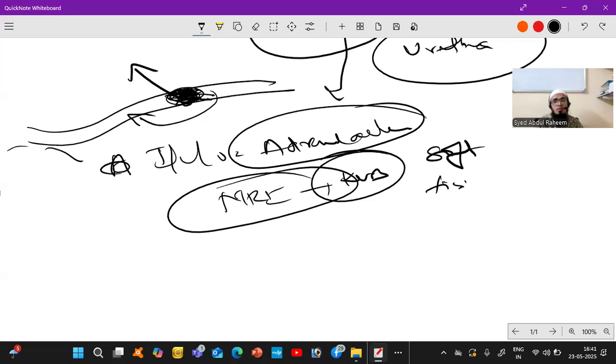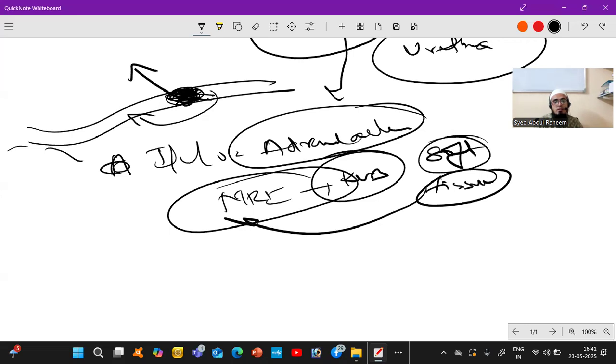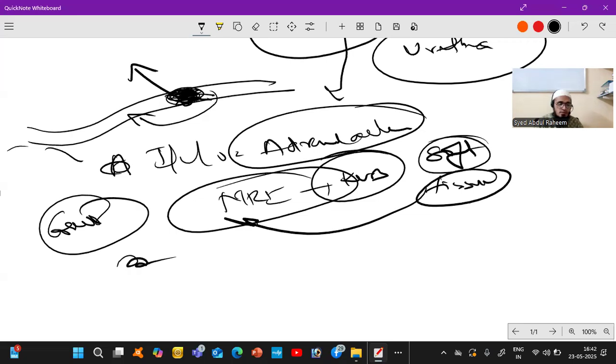For all types of soft tissue, you need to go to the MRI for correct diagnosis. So these are the important diseases we have to know about, the particular pathologies and the radiology also.